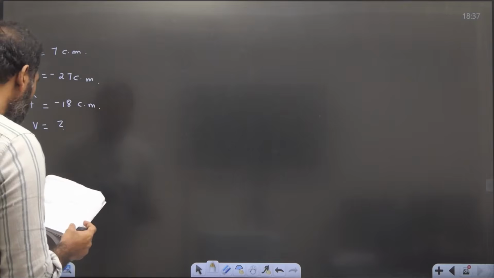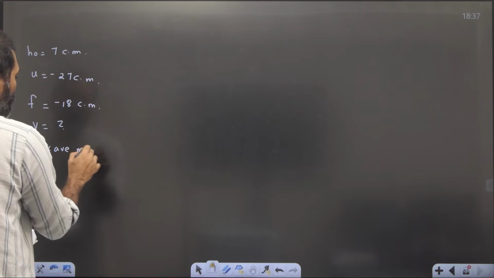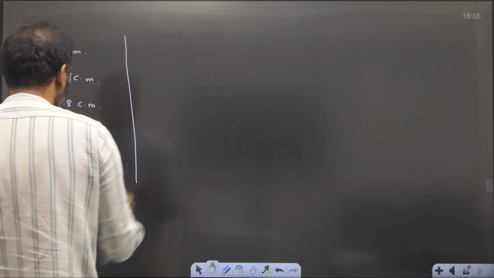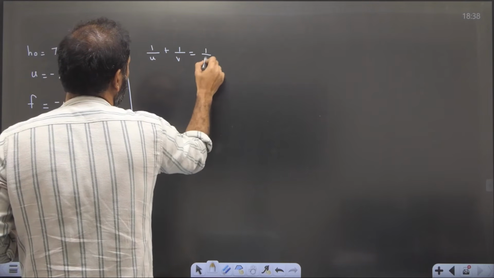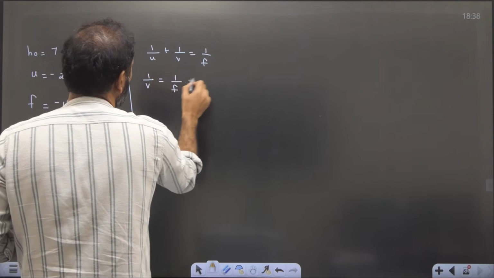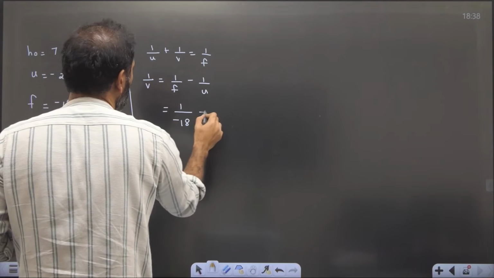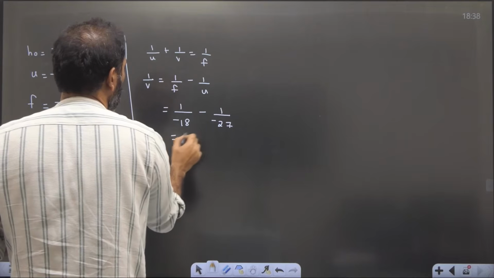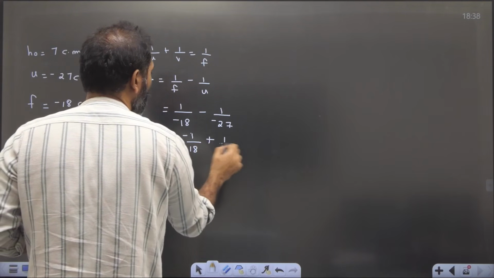It is a concave mirror. So what we have to do? Mirror equation: 1 by V plus 1 by U is equal to 1 by F. We should find 1 by V, so 1 by V is 1 by F minus 1 by U. That is 1 by minus 18 minus 1 by minus 27, so minus 1 by 18 plus 1 by 27.